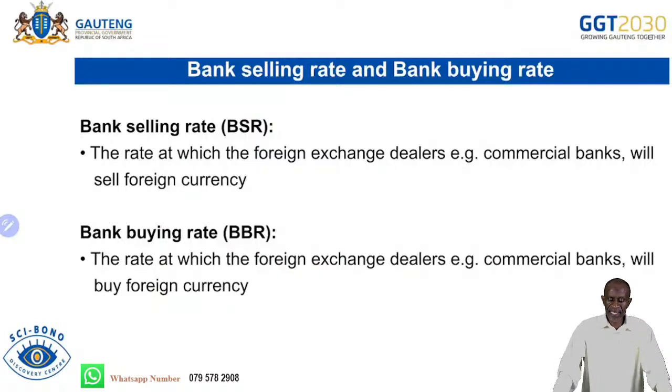The bank selling rate and bank buying rate, as seen on our rate sheet table: the bank selling rate refers to the rate at which the foreign exchange dealers, for example, commercial banks, will sell foreign currency.